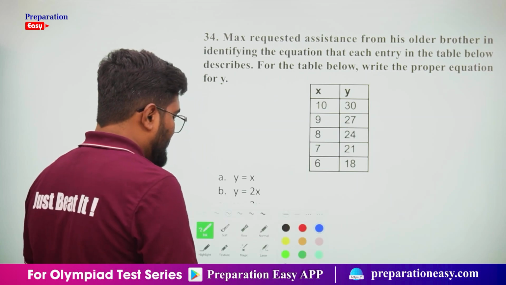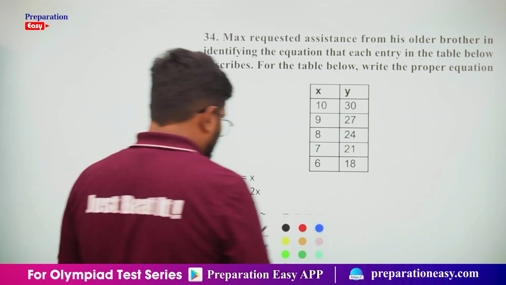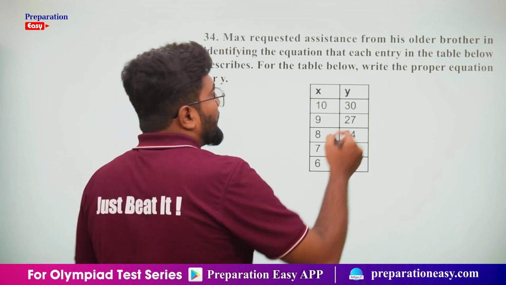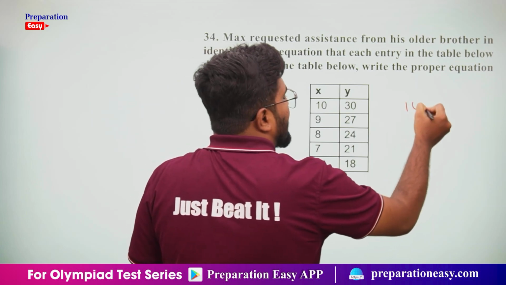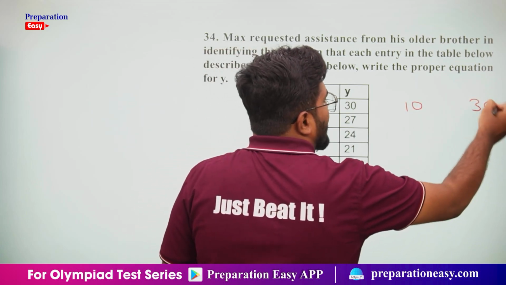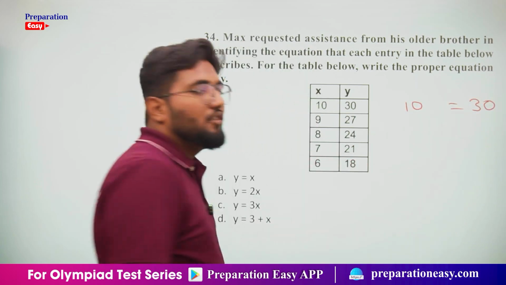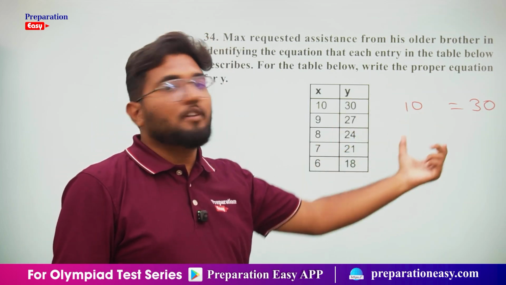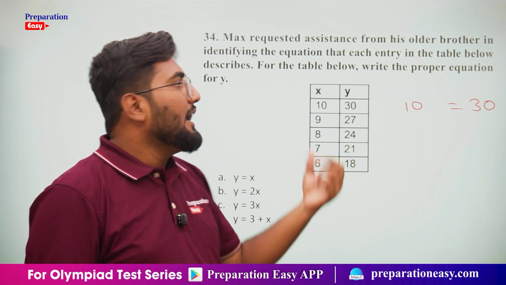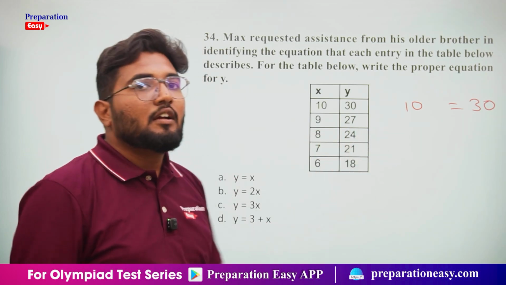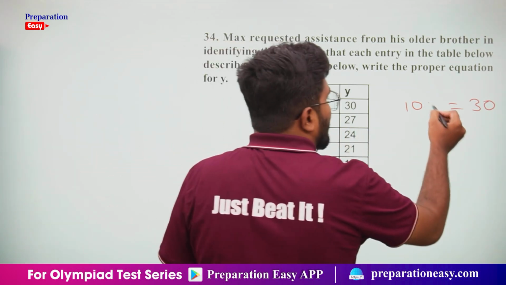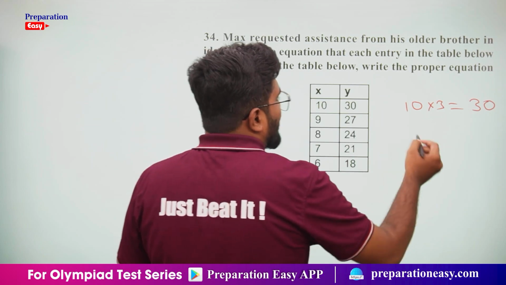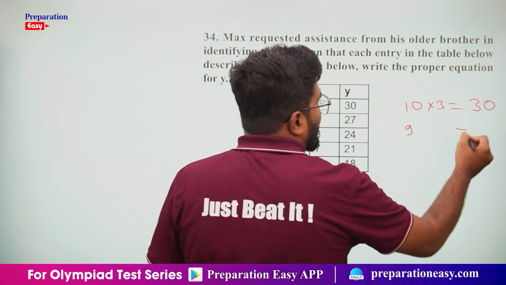So we have to form here an equation. Okay, so first is 10 and 30. We have to equate it. So what can I do? I can multiply 10 with what number so I will get 30? I can multiply 10 with 3. So 10 into 3, I get 30. Okay, next numbers are 9 and 27.